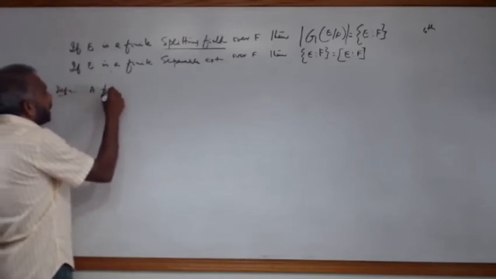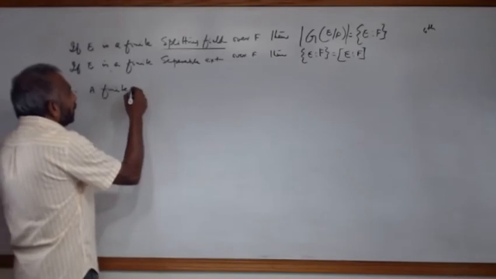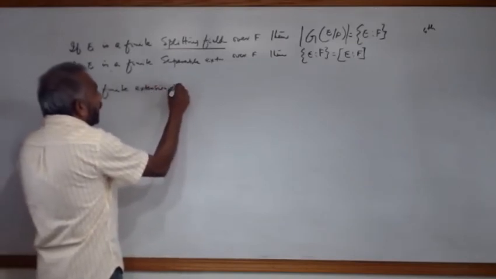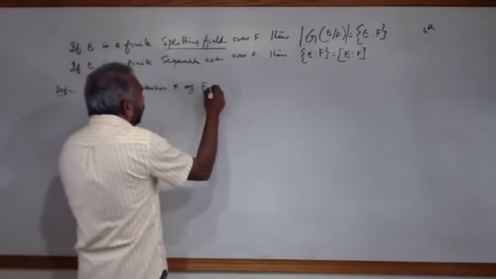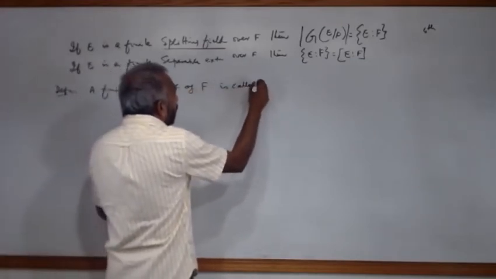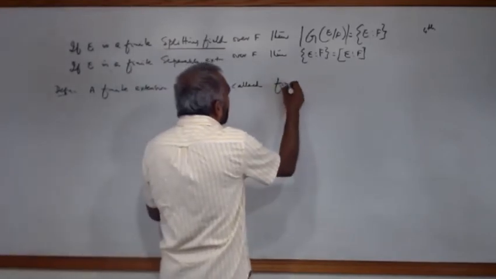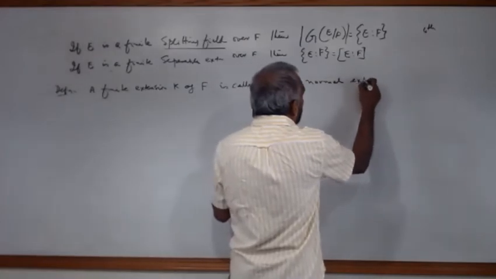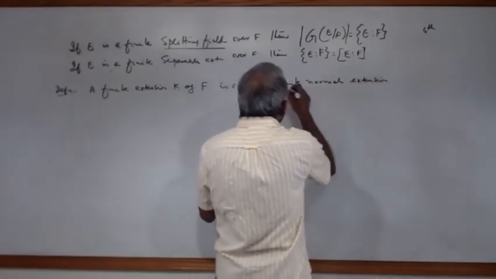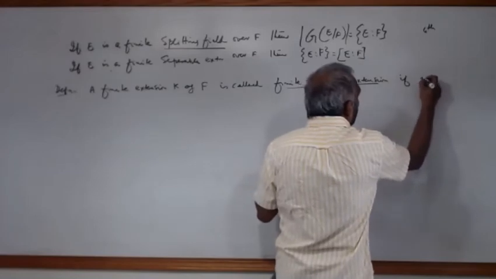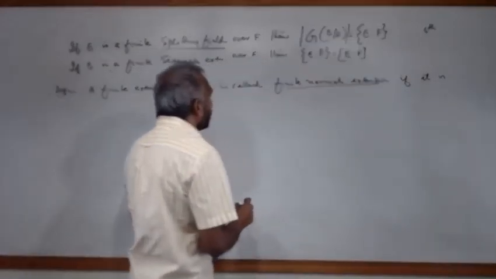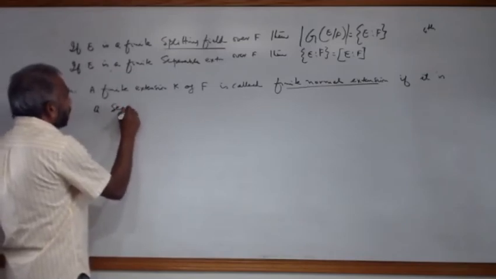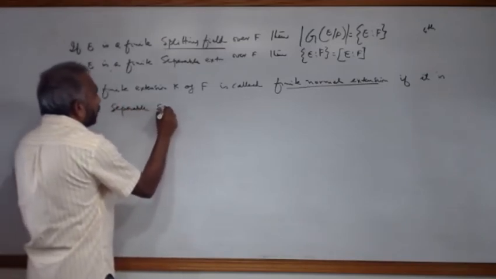A finite extension K of F is called a finite normal extension if it is a separable splitting field.